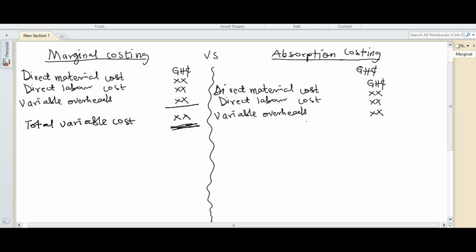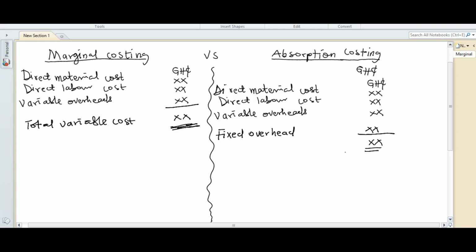So the fixed cost will be included in the cost of the product. So here fixed cost will be included. So we have fixed overhead. Then the fixed overhead will be included before you get the cost of the item.